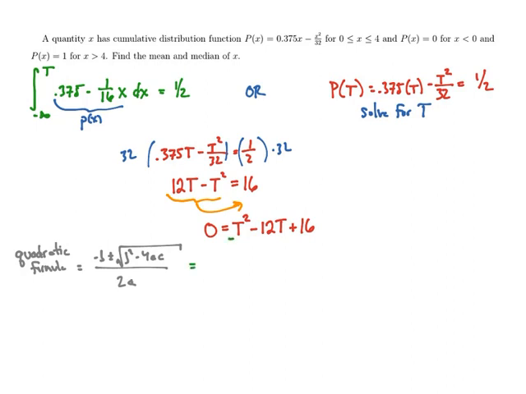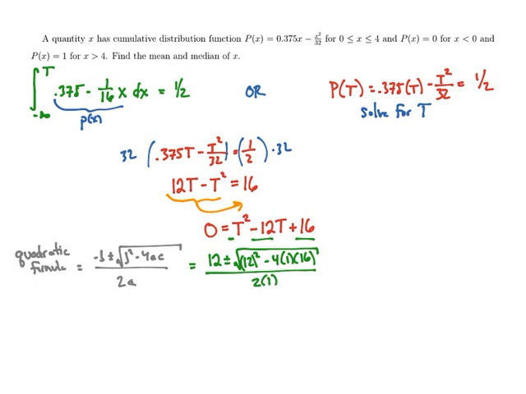Here, a is 1, b is negative 12, c is 16. So that's going to be negative 12, which is positive 12, plus or minus square root of 12 squared minus 4 times 1 times 16, all over 2 times 1, 2a.